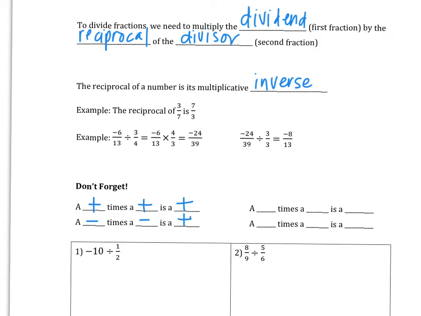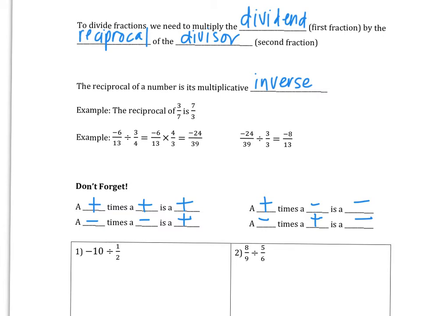So if my signs are the same, then it's positive. If I have a positive number multiplied by a negative number, that's negative. If I have a negative number multiplied by a positive number, that is negative. So if my signs are different, then it's negative.